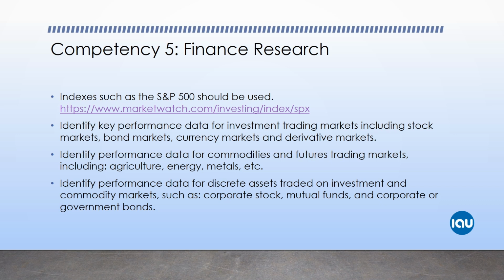You're going to identify key performance data for investment trading markets, including stock markets, bond markets, currency markets, and derivative markets. Identify performance data for commodities and futures trading markets, including agriculture, energy, metals, etc. Identify performance data for discrete assets traded on investment and commodity markets, such as corporate stock, mutual funds, and corporate or government bonds.